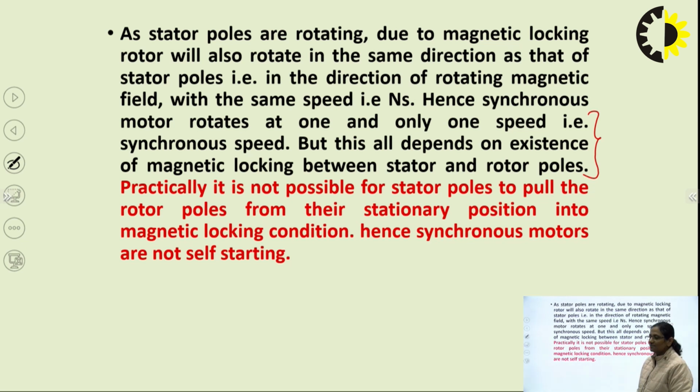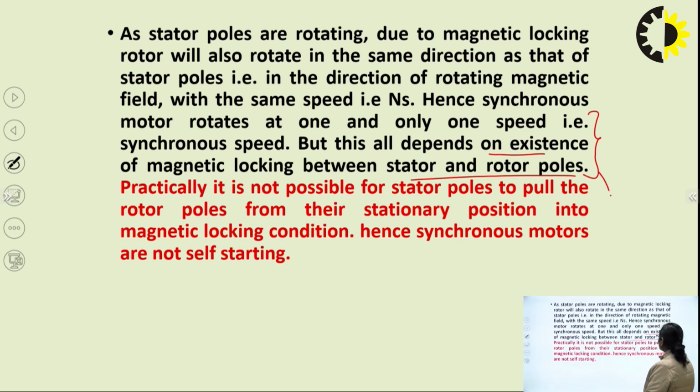The speed is dependent upon the frequency of supply given to the motor. If we need to change the operating speed of the motor, we need to change the frequency of supply given to the motor, right? But this all depends upon the existence of magnetic locking between the stator poles and rotor poles. They can only rotate if the magnetic locking exists between the stator poles and rotor poles. But what is the problem here?